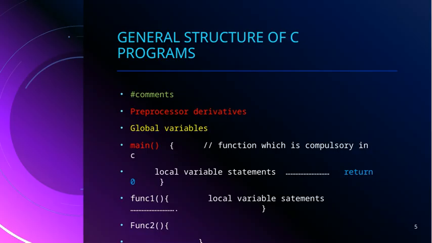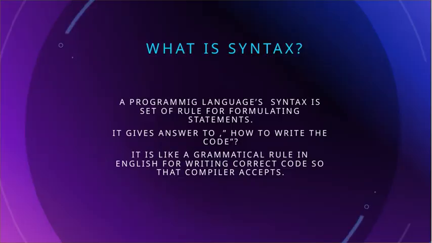Each function contains its own local variables and statements, making our program modular and easier to manage. Finally, note that the main function ends with a return 0 statement, which signals successful execution to the operating system. Overall, understanding this structure helps us organize our code logically and efficiently, fitting into the broader theme of writing clear, maintainable C programs.